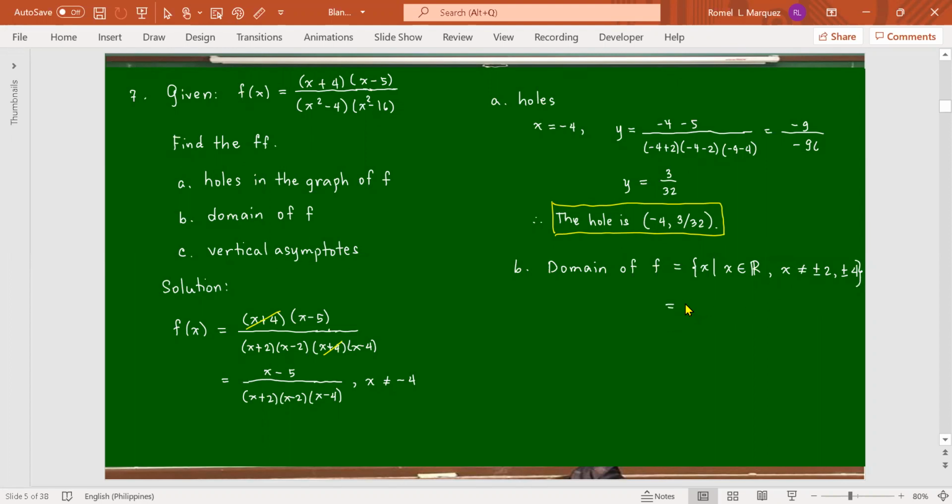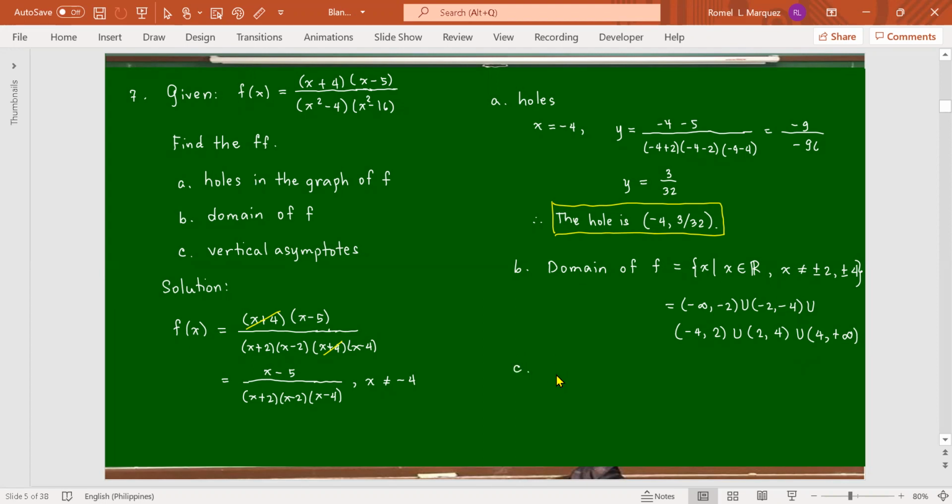In interval notation, we have negative infinity to negative 2, union with negative 2 to negative 4, open interval, union with negative 2 to negative 4... union with negative 4 to positive 2, open interval, union with 2 to 4, open interval, union with 4 to positive infinity. Okay? So this is the domain of F.